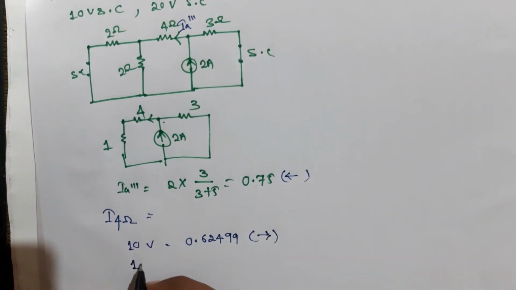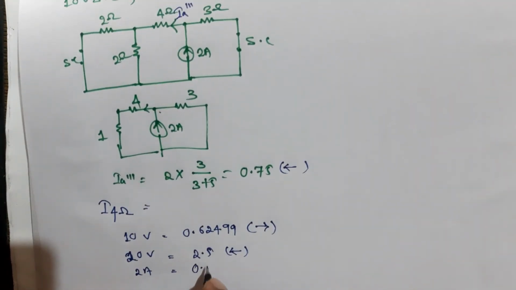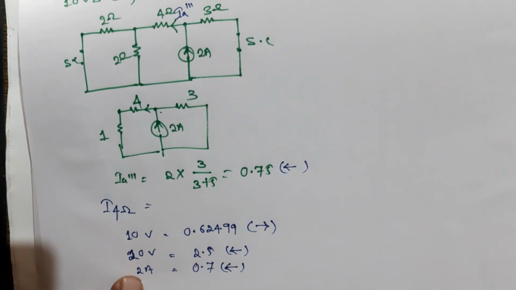When you consider the 20 volt, the current is 2.5, in this direction. When you consider the 2 ampere, the current is 0.75 in this direction. The 20 volt and 2 ampere current directions are the same, so that is addition, and subtract this one.